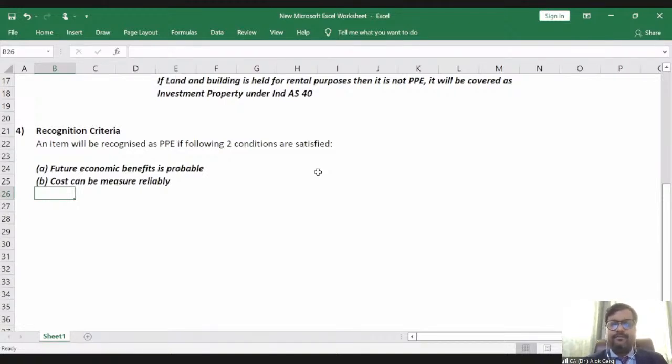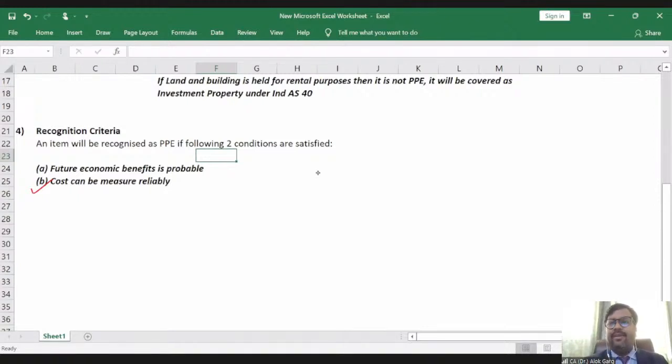Since you have bought a diesel car, of course cost can be measured reliably. You are aware of the cost because you have purchased this car. Invoice is there, you have made a payment. You are well aware that you purchased a Hyundai Verna and the cost of the car is 10 lakh rupees, right? But whether future economic benefit is probable out of this car?